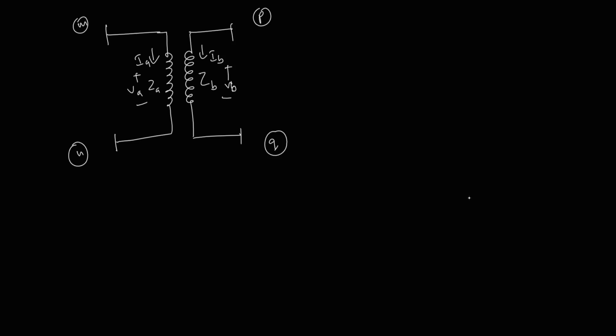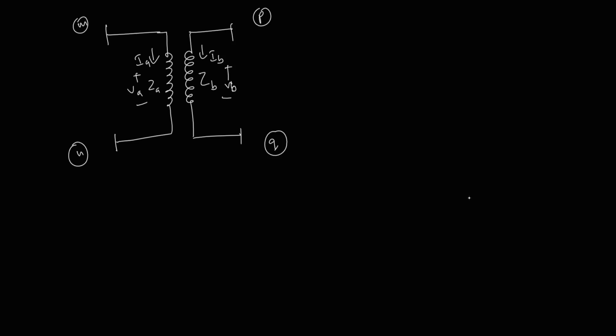This is IA, and this voltage is VA. And we also have one more line which is connected between P and Q nodes, whose primitive impedance is ZB, and this current is IB, and this primitive voltage is VB.